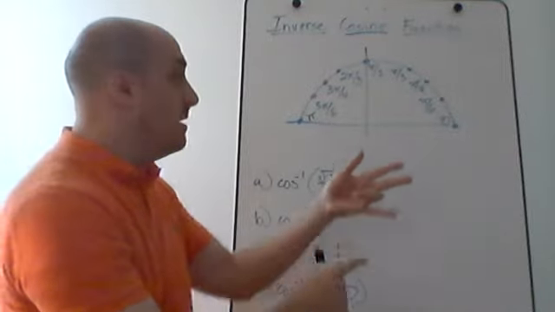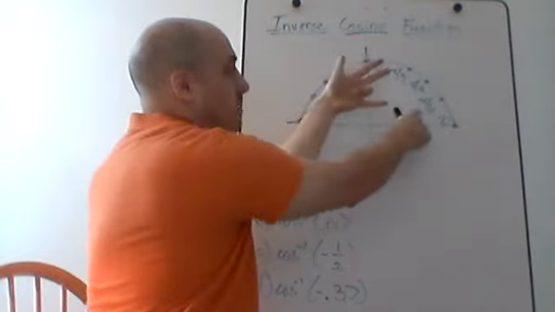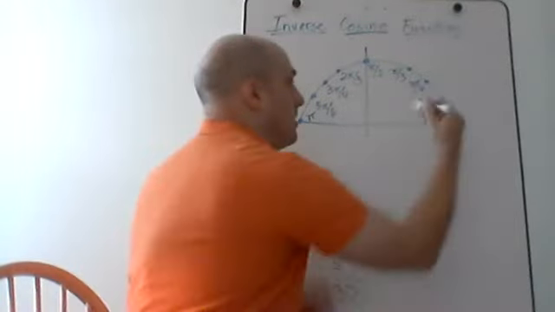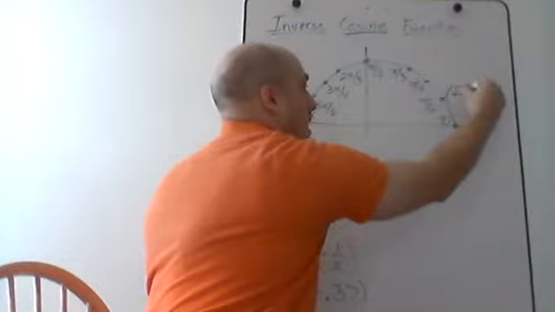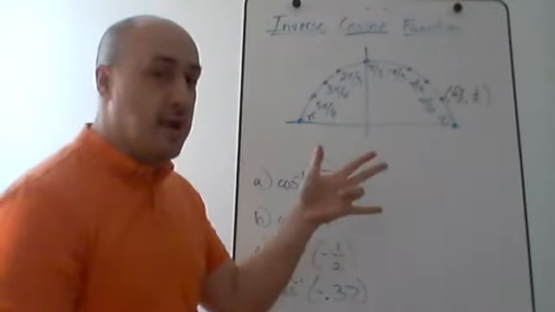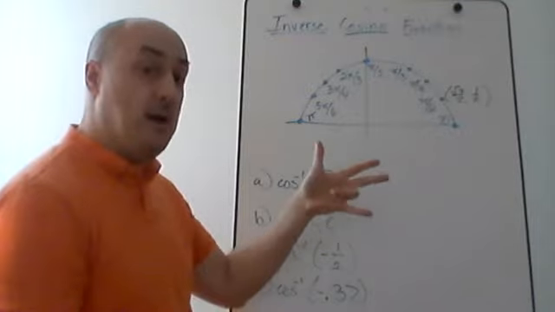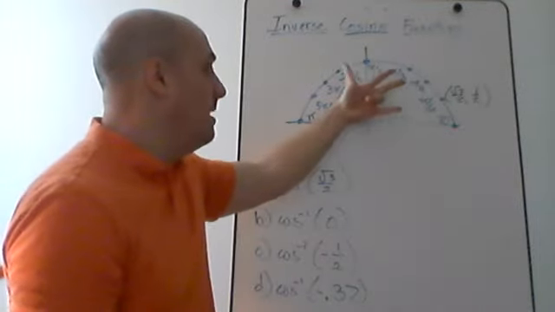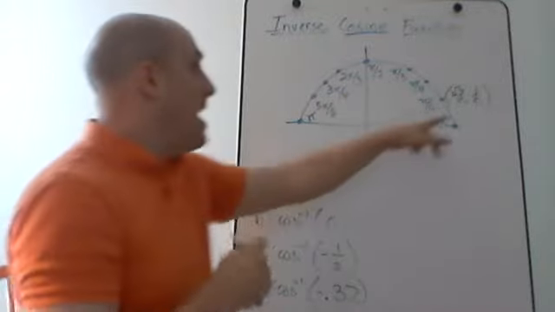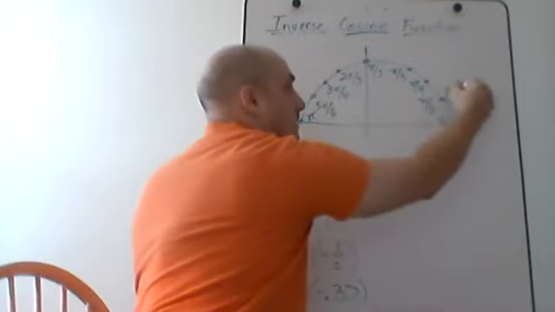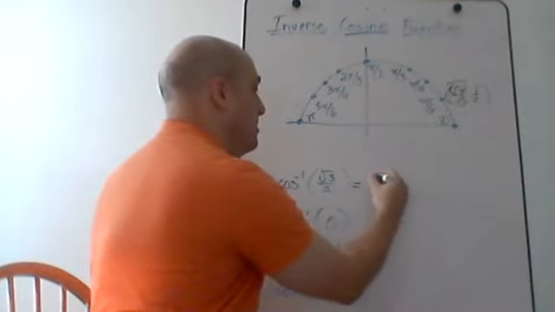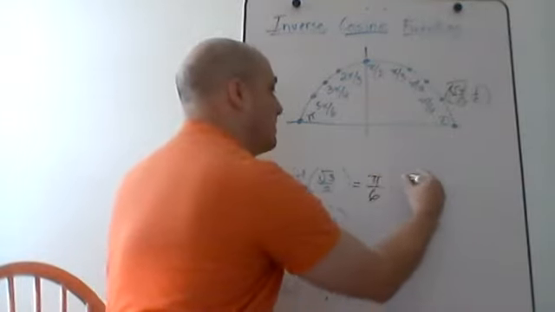For the ring finger, which corresponds to the first one up here, pi over 6, my x-coordinate is root 3 over 2, and my y-coordinate is 1/2. Again, that comes from the trig hand. If you didn't see the video I did on the trig hand, watch that one because it explains how to do all that. So for pi over 6, I have root 3 over 2, 1/2, and my x-coordinate is root 3 over 2. That's what I'm looking for here. So cosine inverse of root 3 over 2 is pi over 6.